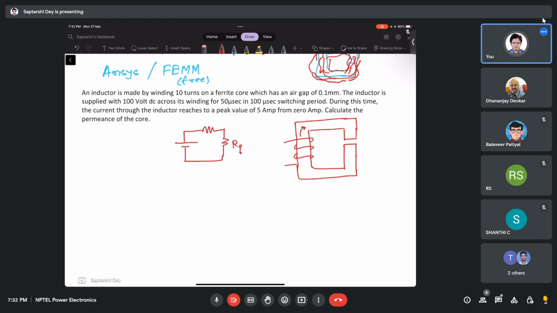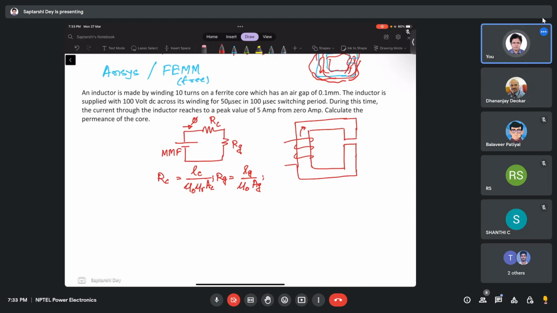This is Rg, the reluctance of the air gap. This is Rc, the reluctance of the core. This is the mmf, which is pushing the flux. Rg depends on the air gap length divided by mu naught times air gap area, whereas Rc depends on the length of the core divided by mu naught mu r times the area of the core.